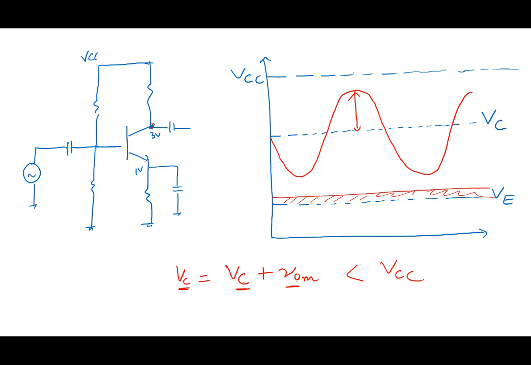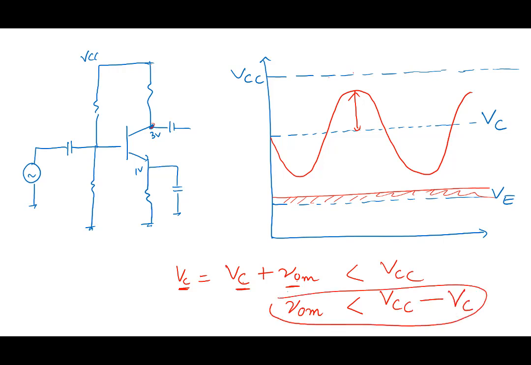How can this voltage rise above VCC? It cannot. So the maximum output voltage has to be less than VCC minus VC. You are getting this limit also.